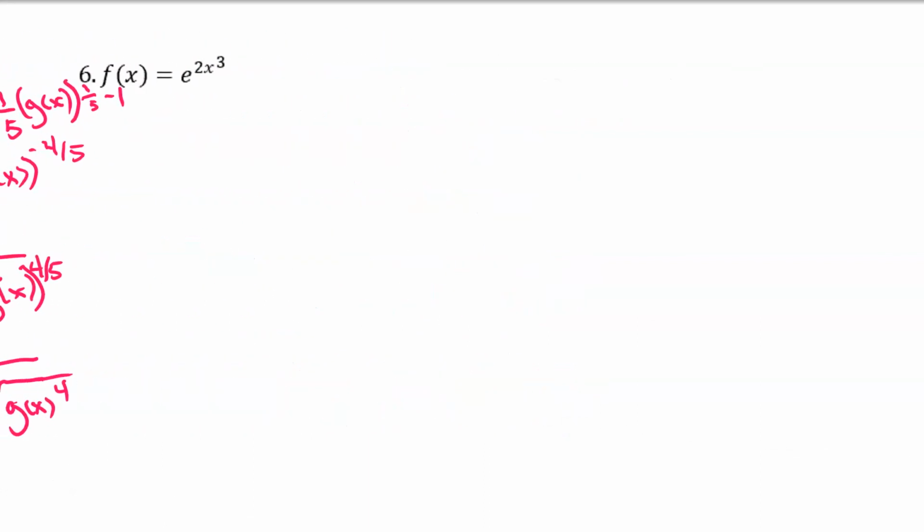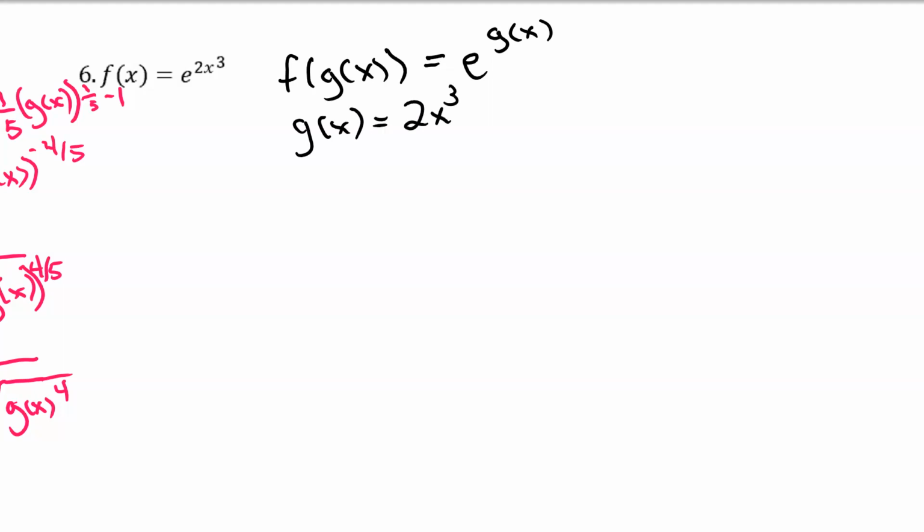Move on over. We've got f of g of x. Our outer function here is the e to the power. So we've got e to the g of x, where g of x is the first thing happening to x, which is a 2x cubed.